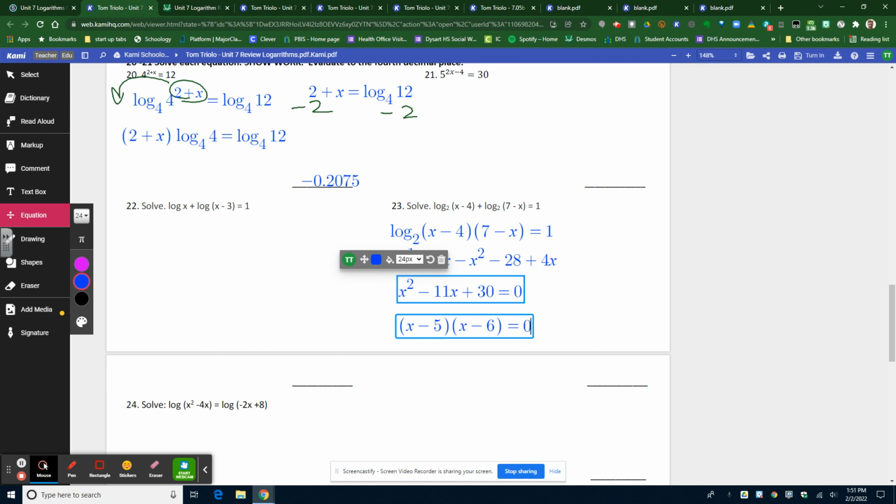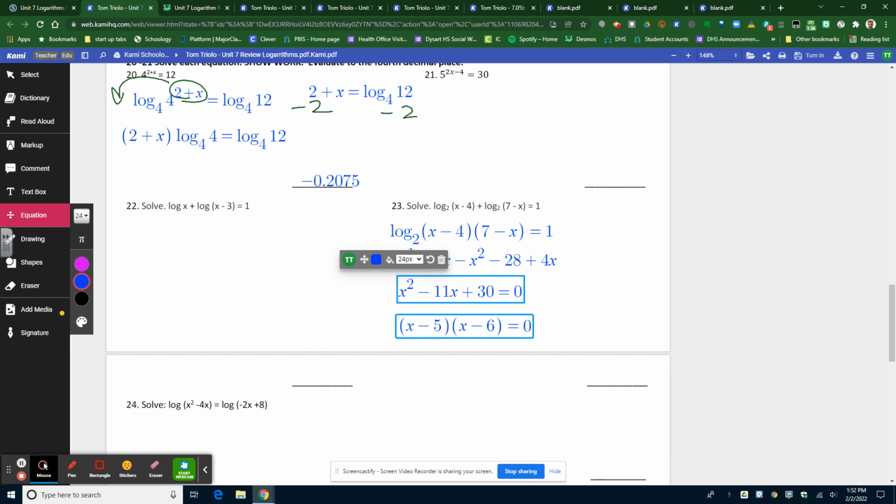So 5 minus 4 is 1. Right? 5 minus 4 is 1. 7 minus 5 is 2. What's log 2 base 2? 1. So that works. Well, let's try 6. 6 minus 4 is 2. 7 minus 6 is 1. 2 to what power is 1? 0.